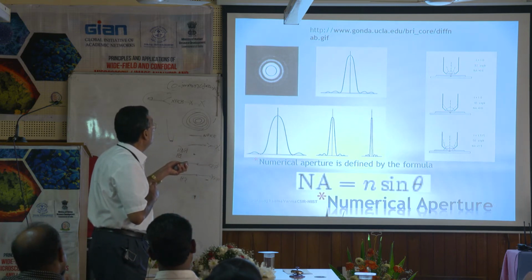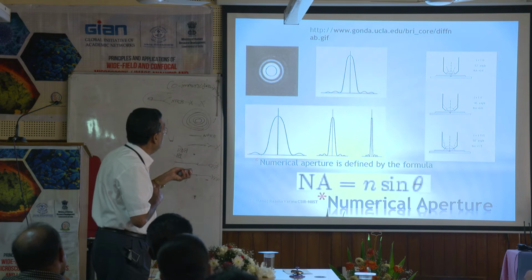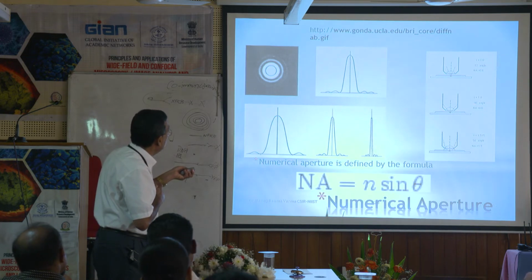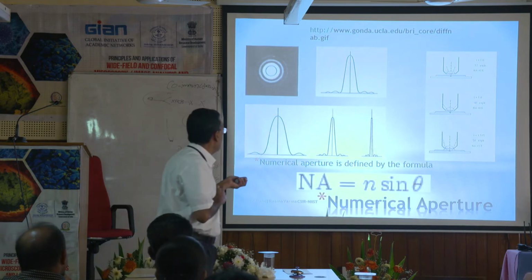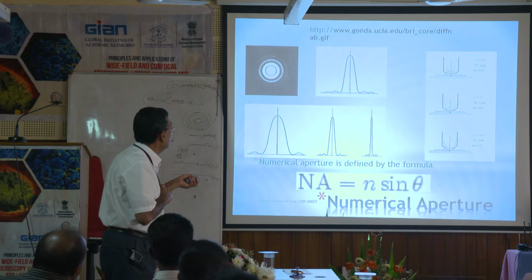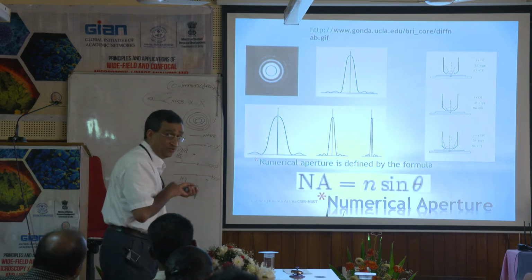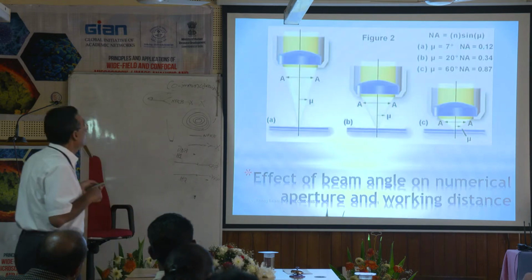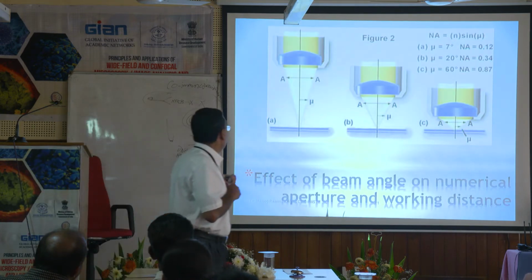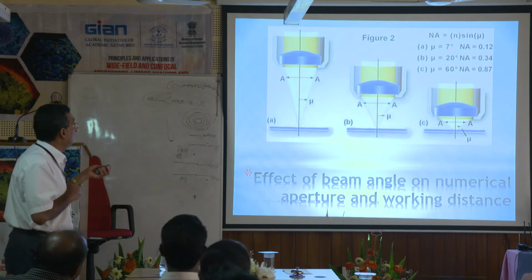For example, here theta is 32 degrees and the numerical aperture is 0.6. Here it is 48 degrees and the numerical aperture is 0.8, and here it is 58 degrees and the numerical aperture is 1.3 for a refractive index of 1.515. See, I have used mu here for theta.